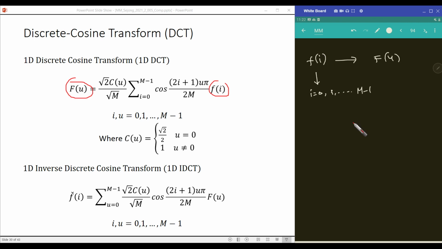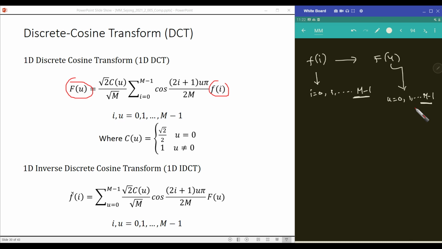So there are m numbers in our original sequence, and we are converting to u equals 0, 1 up to again m minus 1. So that is another sequence of m numbers.